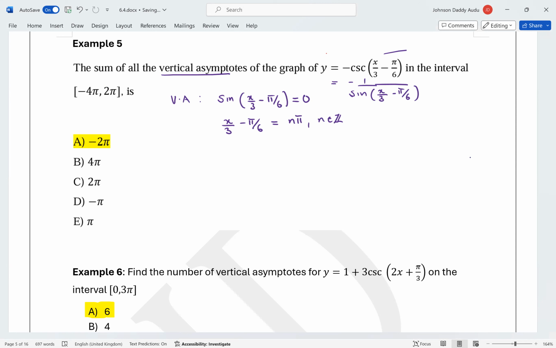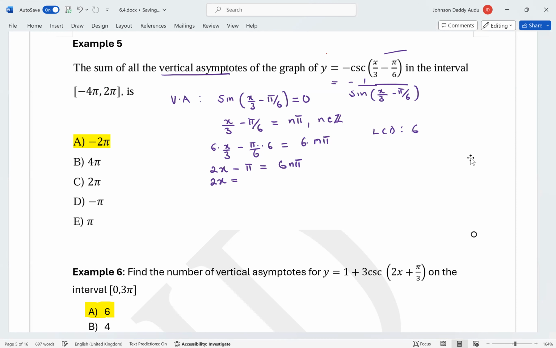And now what does that mean? We can multiply both sides by 6. So if you multiply by 6, this will be 6 times x over 3 minus pi over 6 times 6, and this equals 6 times n pi. I use the LCD, which is 6, right? So this will become 2x minus pi equals 6n pi. And I can solve for x.